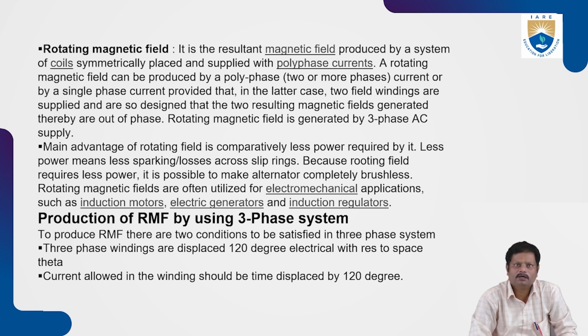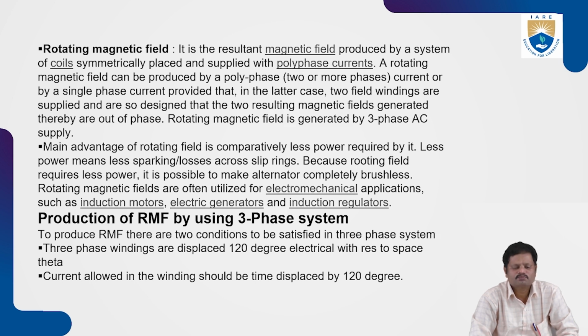According to Faraday's laws of electromagnetic induction, whenever a conductor cuts the magnetic field, an EMF is induced in that conductor. The main advantage of a rotating magnetic field is that comparatively less power is required.